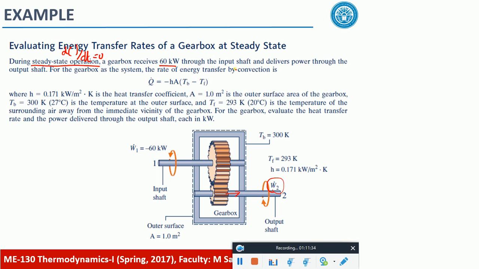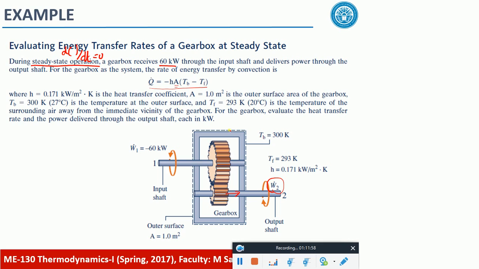Okay. The rate of energy transfer by convection is like this one. What law is this? Newton's law of cooling, where h is given to you, area is given to you, that is the outer surface area. Obviously you need to use that over there.